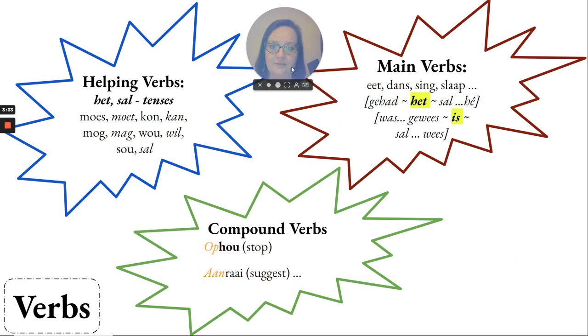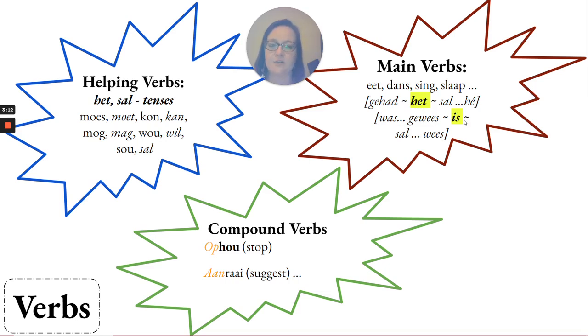Okay, let's look at the verbs. So I have put the verbs into 3 different groups, to distinguish what you do with them when you have past, present or future. So main verbs is what we're doing tonight. Main verbs are easy to recognize, the doing word in a sentence, with het and is.